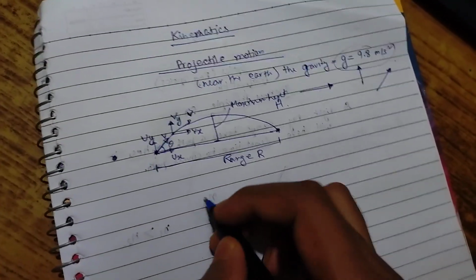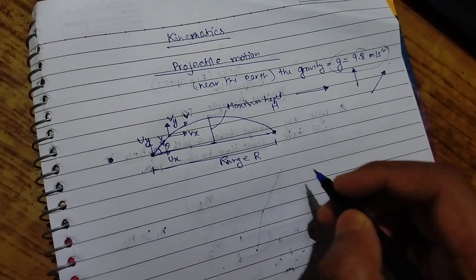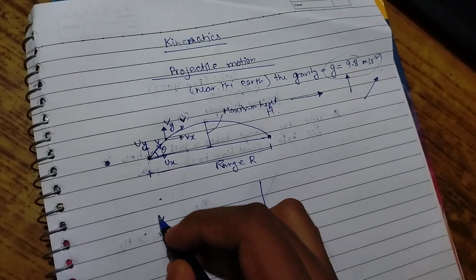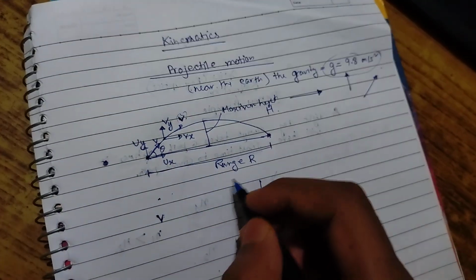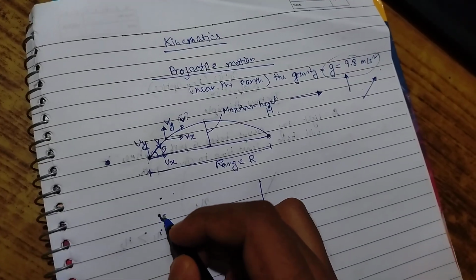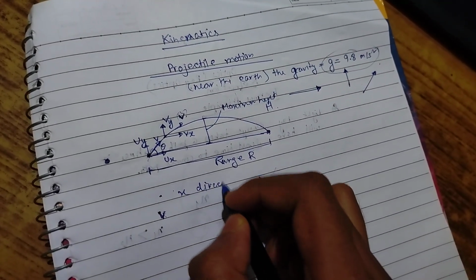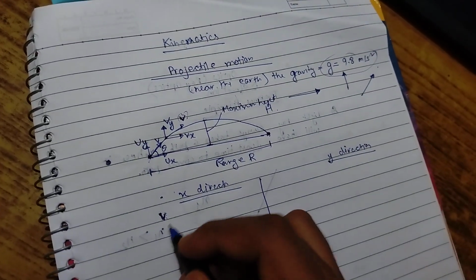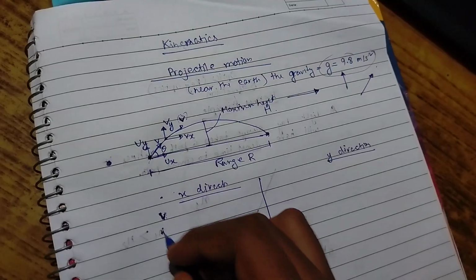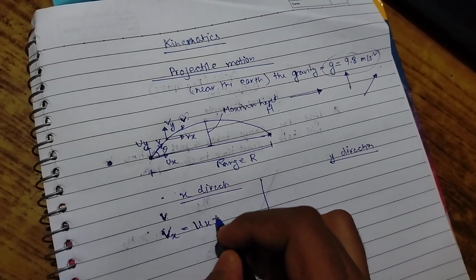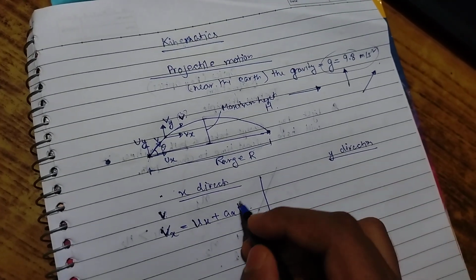Okay, so we know the three equations of motion, and we will write them in terms of those. In the x direction first, then the y direction. In the x direction, Vx equals Ux plus Ax t, because time doesn't depend on an axis.